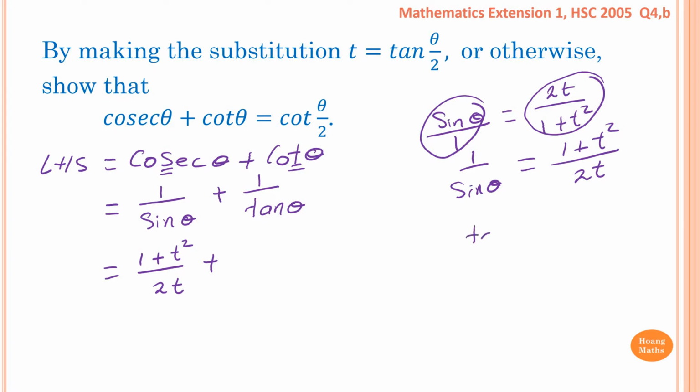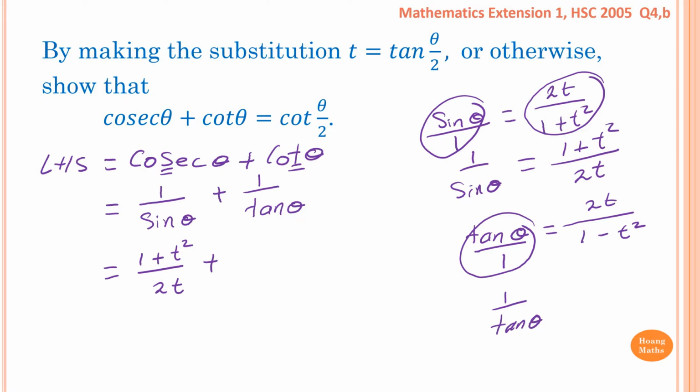We know that tan of theta is equal to 2t over 1 minus t squared, so we flip this, 1 over tan, or cot theta if you like, which is 1 minus t squared over 2t. So we are adding 1 minus t squared over 2t.